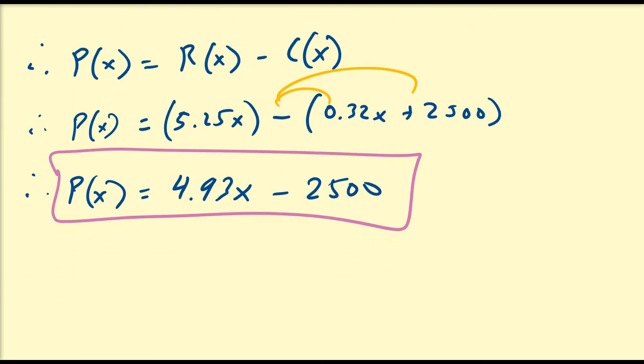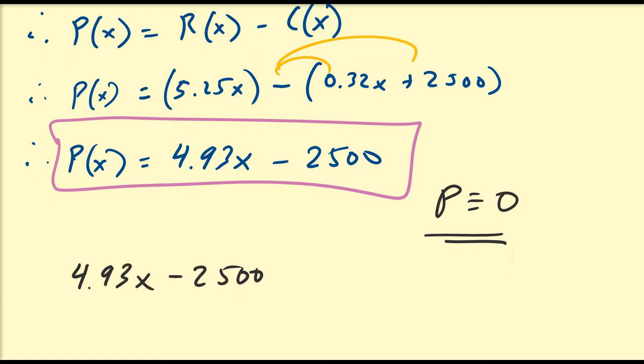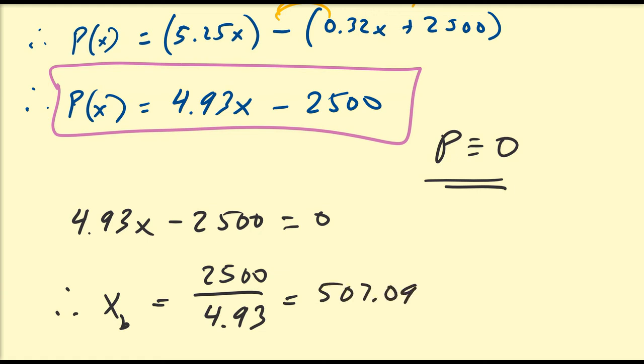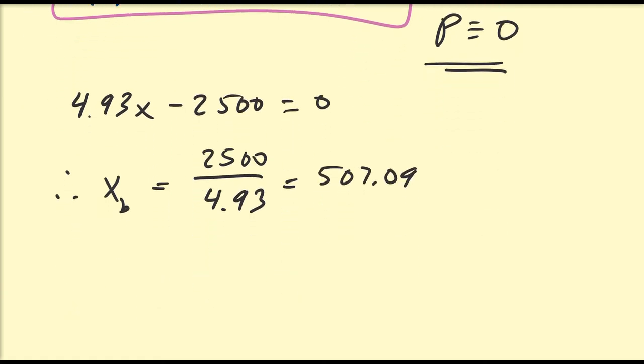So I want to know my break-even point. I'm going to set my profit equal to 0, so 4.93x minus 2,500 must be equal to 0. That means my break-even point, x_B, is going to be equal to 2,500 divided by 4.93, which is 507.09.